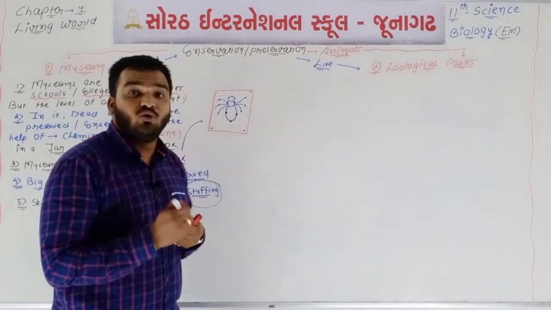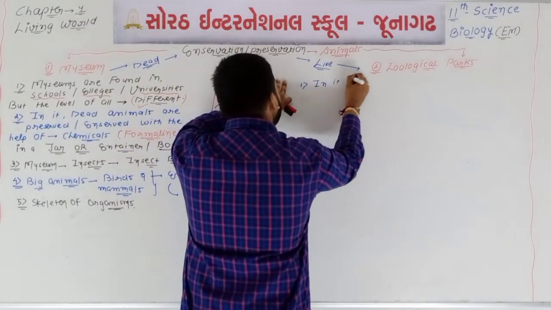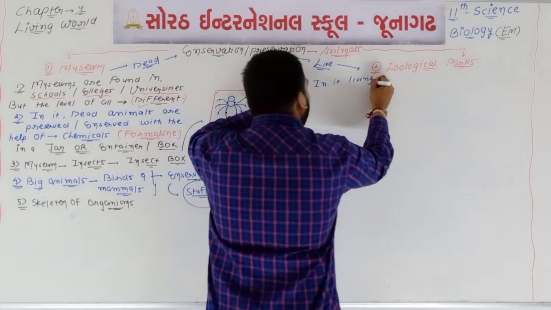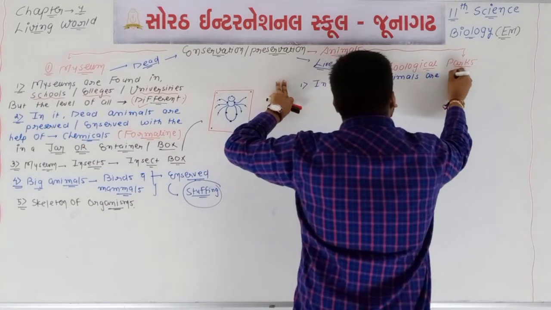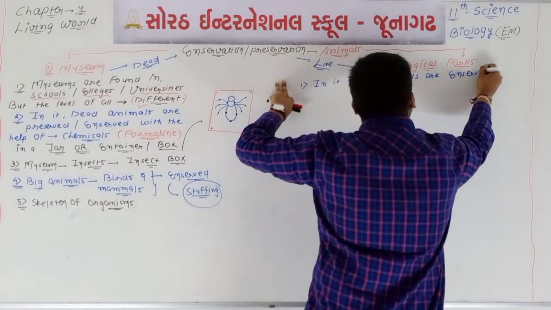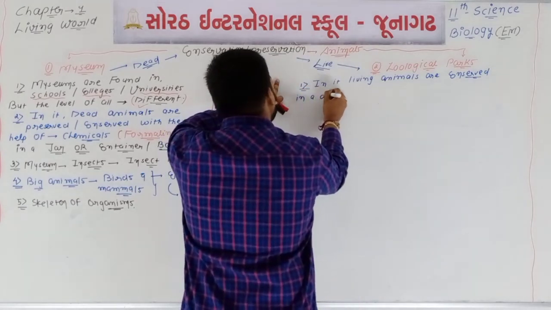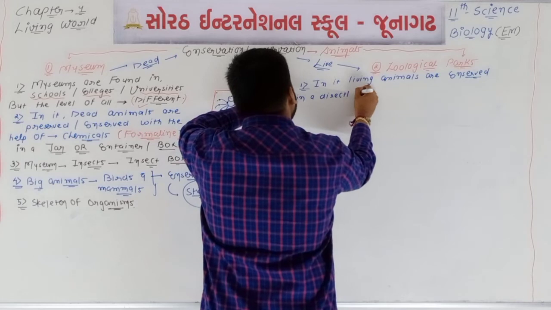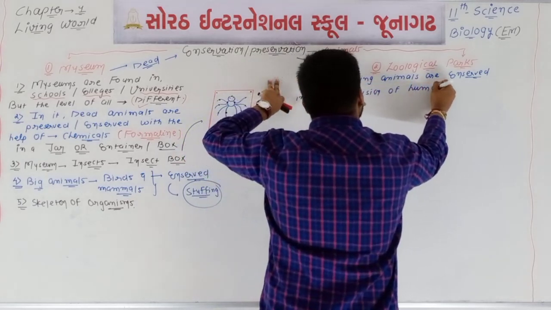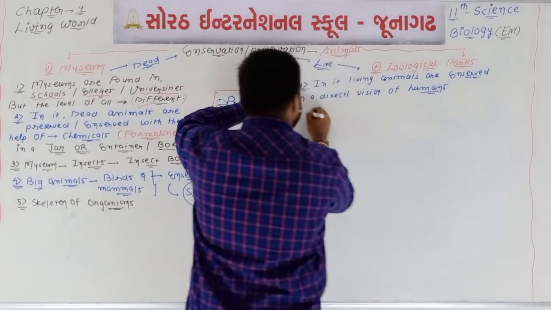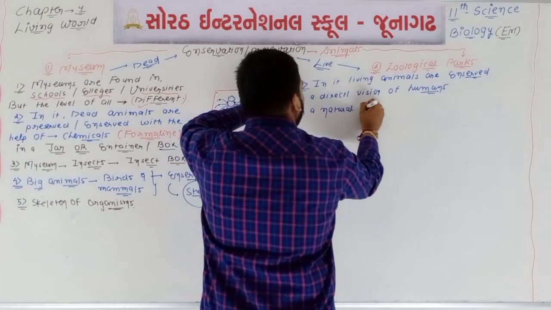Now, if we write about the zoological park, see here, first point, in a zoological park, living animals are conserved in a direct vision of humans, in a natural habitat.